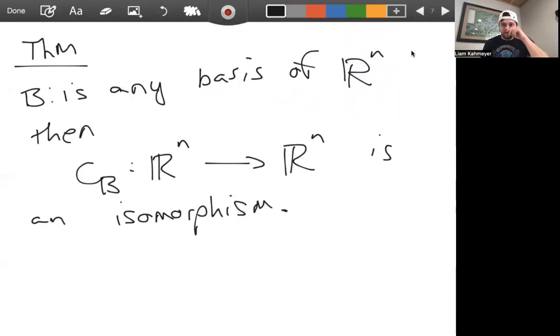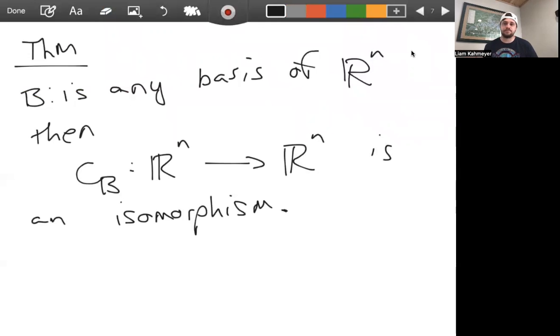Well, sure, right? The first theorem I had in this lecture was saying that if you have a linear transformation of Rn to itself that takes a basis to a basis, then you have an isomorphism. Well, by definition, that's what the coordinate function is doing here, right?